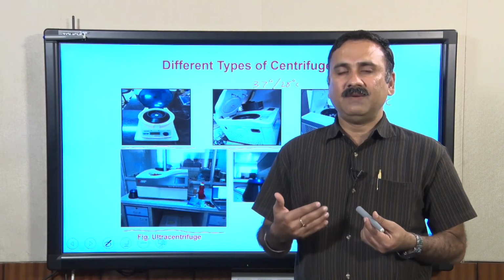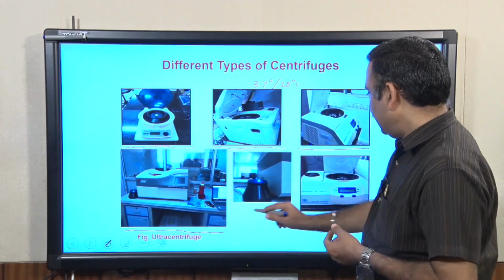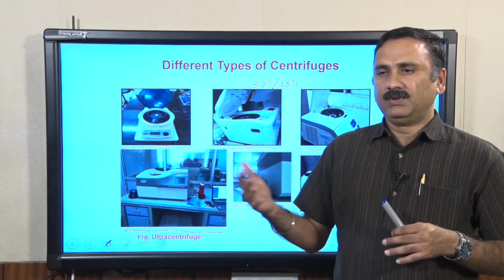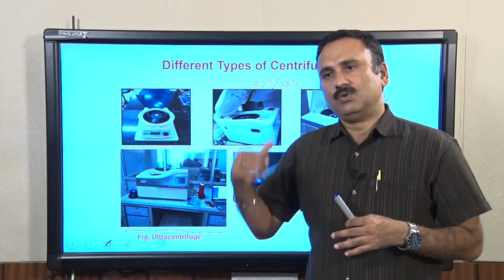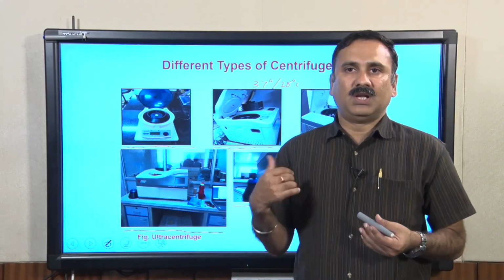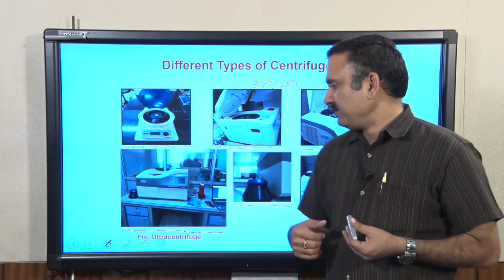This is the typical rotor people use for the ultracentrifuge, and this is another centrifuge where you can spin animal cells. It is used in most cell culture applications, where you pellet the cells and subculture them using these cell culture specific centrifuges.